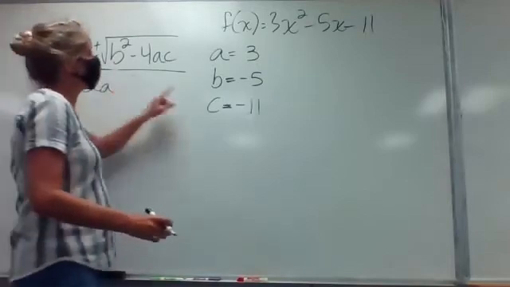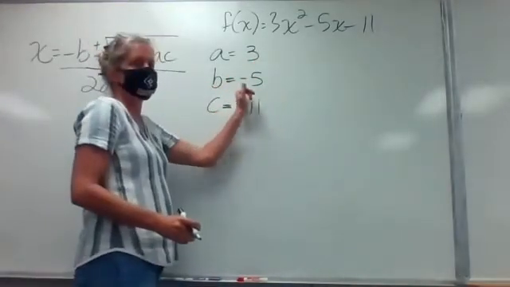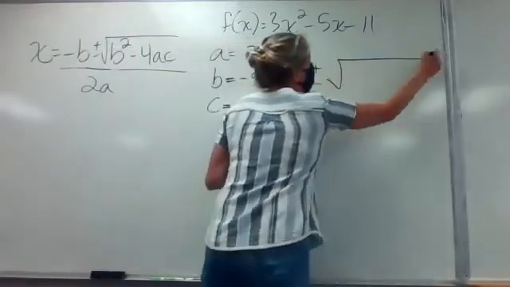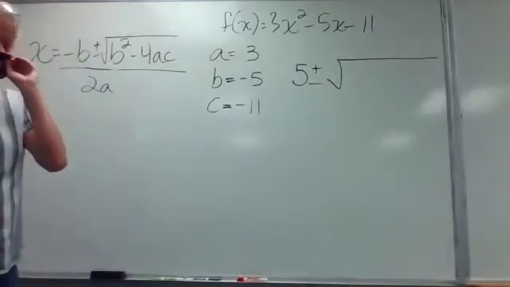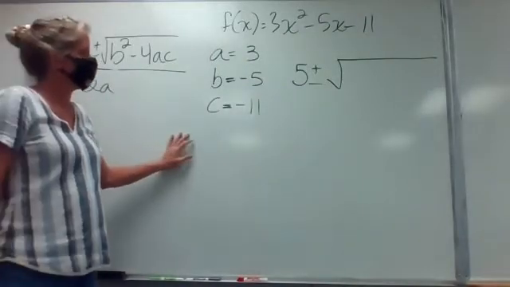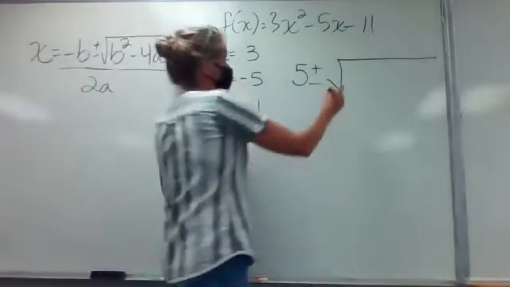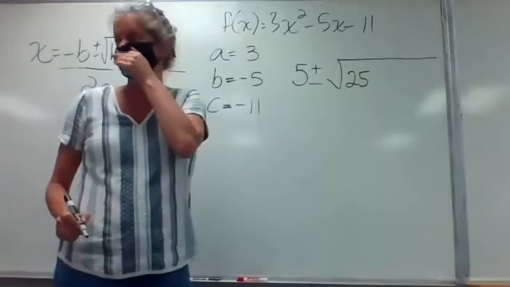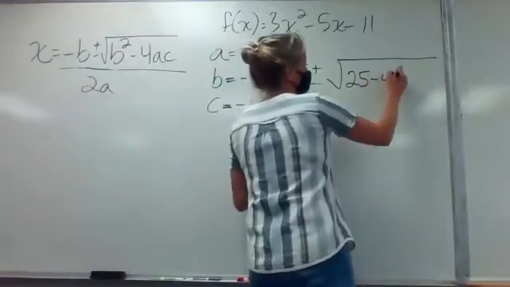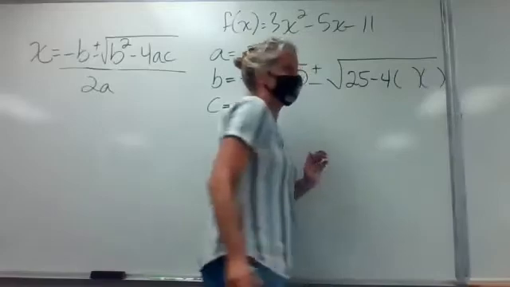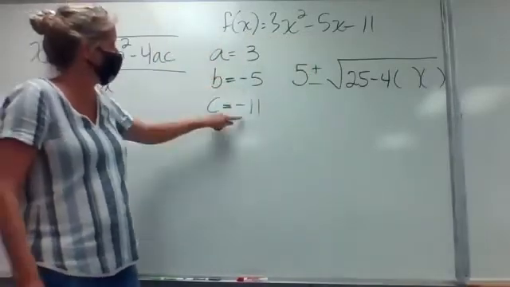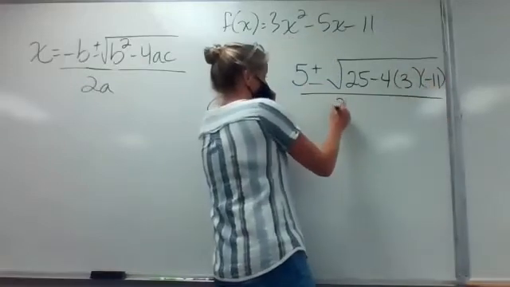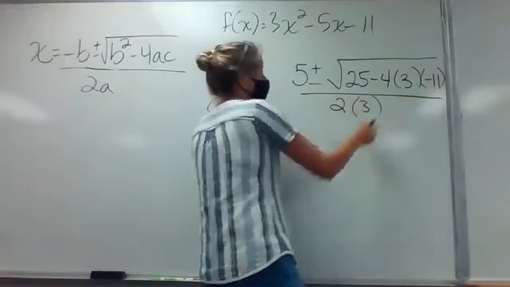Plug it in. The opposite of B. So here's my B, which means the opposite of it is positive 5. And then my B squared would be positive 25. And the negative 4, because that's what's always there. A and C will be 3 and negative 11. All over 2 times A, 2 times 3 again.